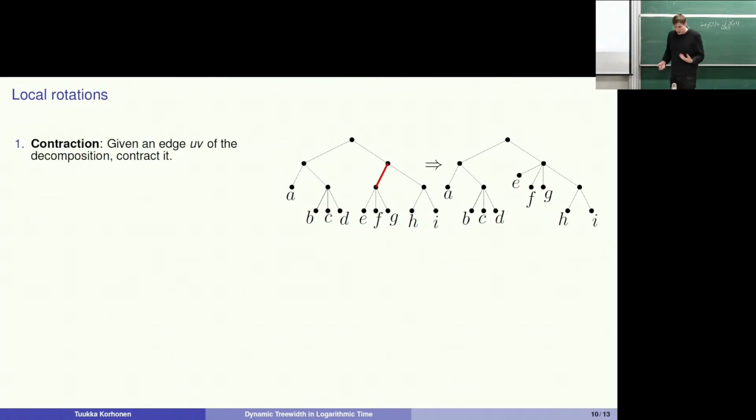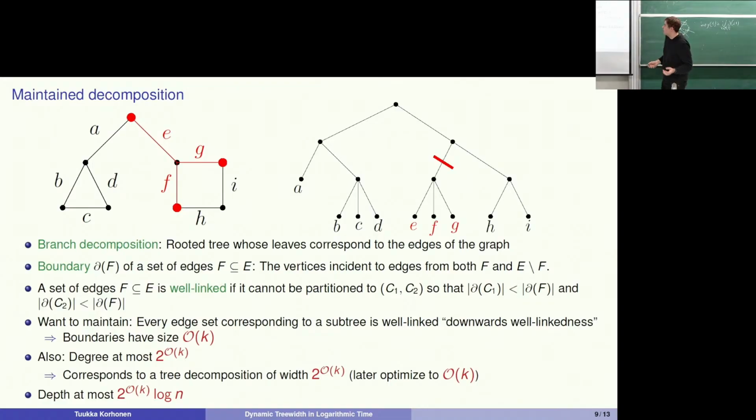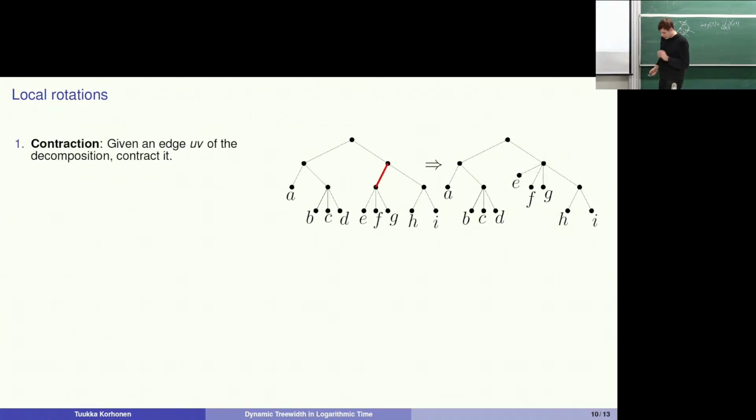We now want to maintain this kind of structure under insertions and deletions of edges, and we will do this by using 2 different basic local rotations. One of them is contraction.